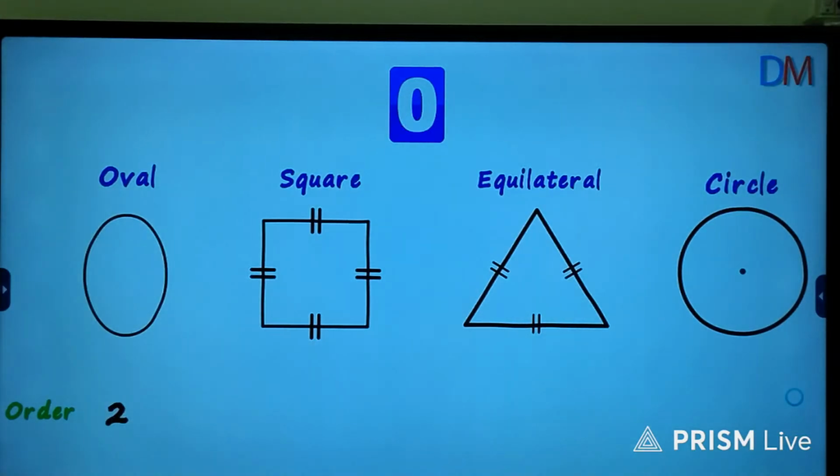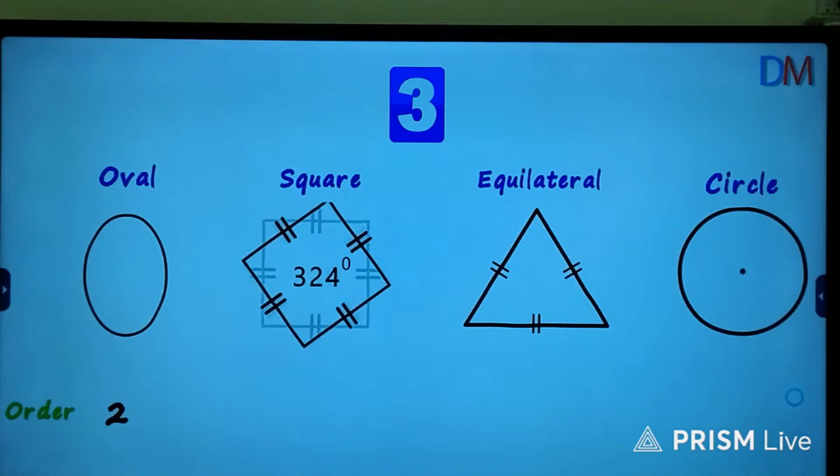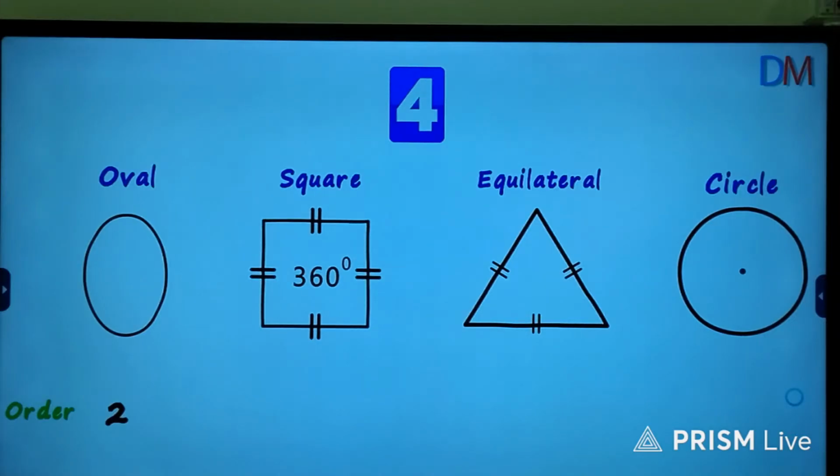In a similar way, why don't you try finding the order of rotational symmetry for these 3 shapes? Let's start rotating the square now about its center point. 90 degrees, 180 degrees, 270 degrees, and 360 degrees.